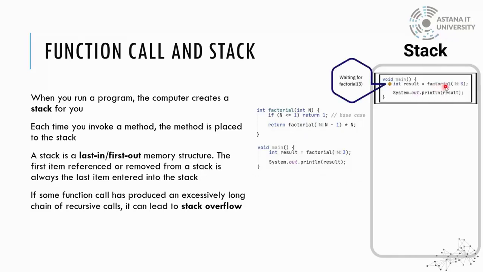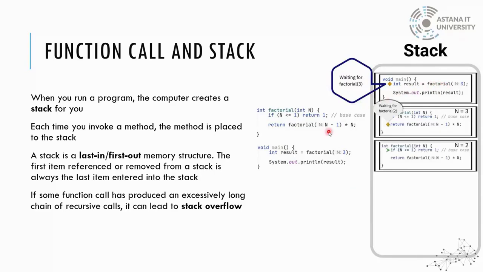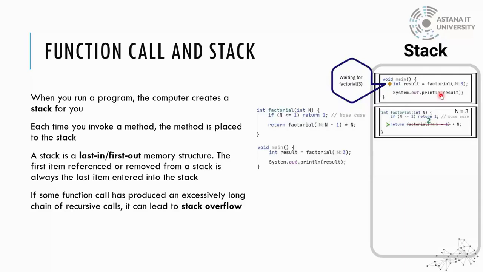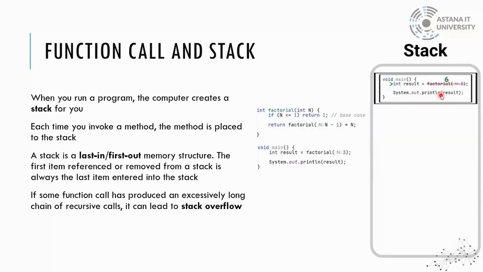We send 3 there, and this is exactly the place where function interruption occurs. The main method cannot continue its execution until the function that we've just called finishes.